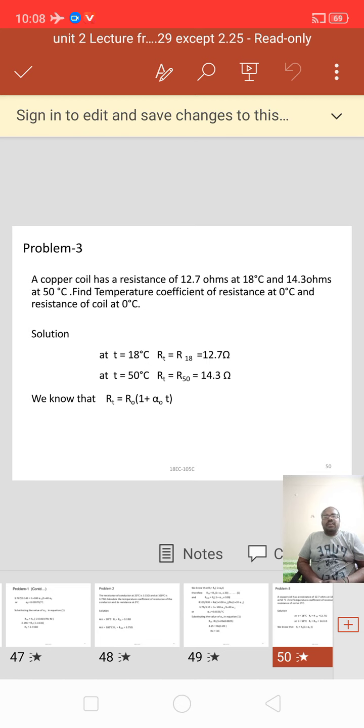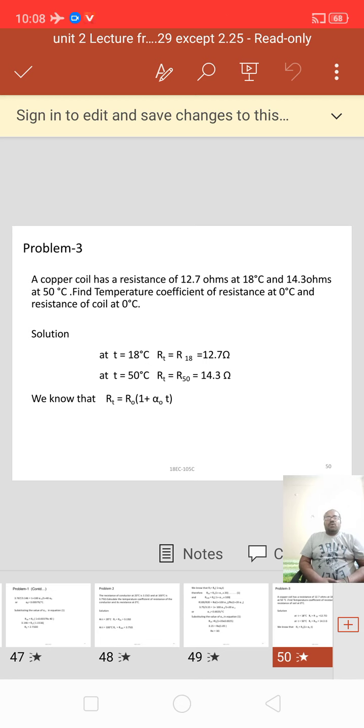Next, problem 3. A copper coil has a resistance of 12.7 ohms at 18 degrees Celsius and 14.3 ohms at 50 degrees Celsius. Find the temperature coefficient of resistance at 0 degrees Celsius and the resistance of the coil at 0 degrees Celsius.